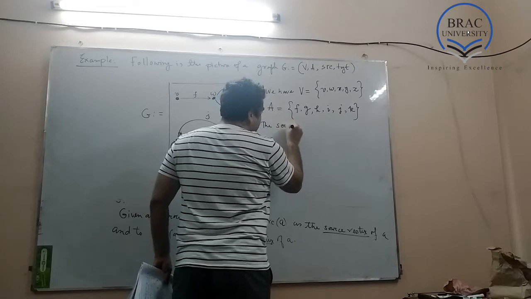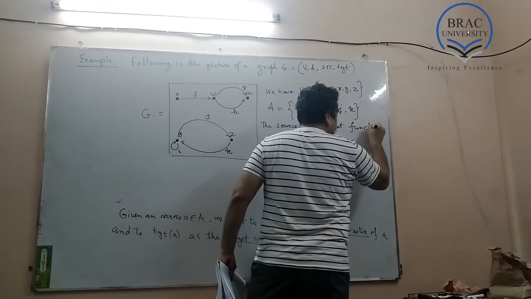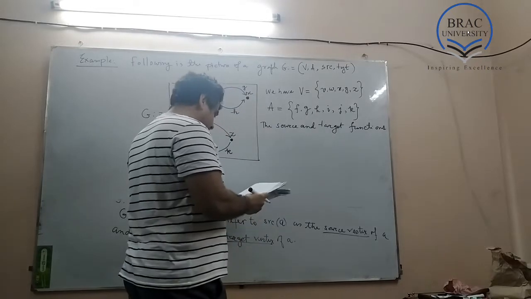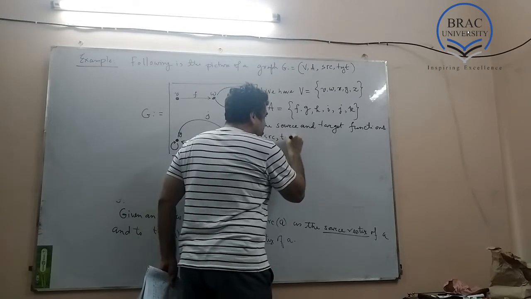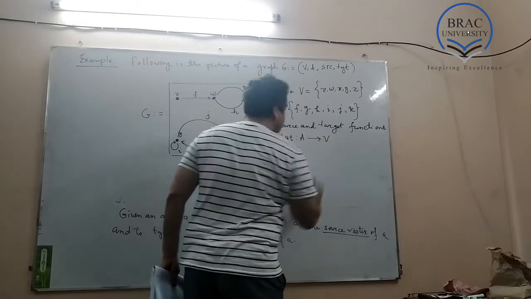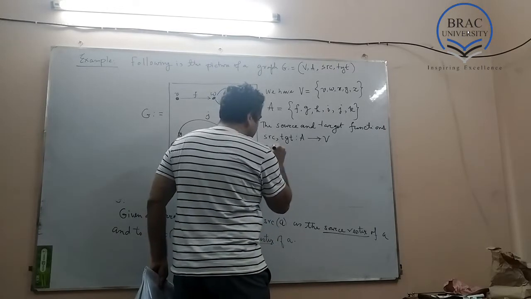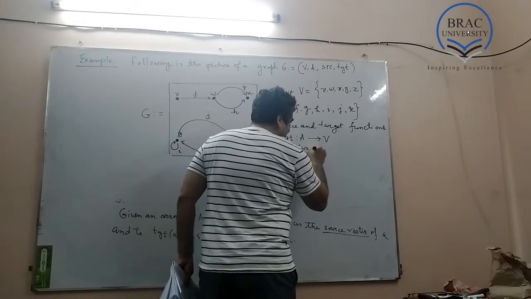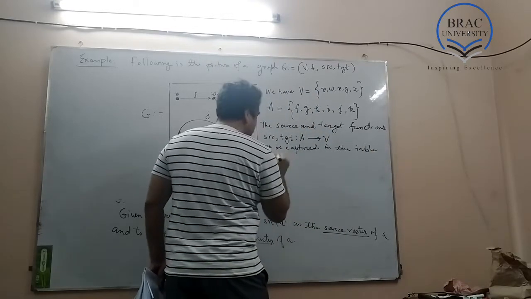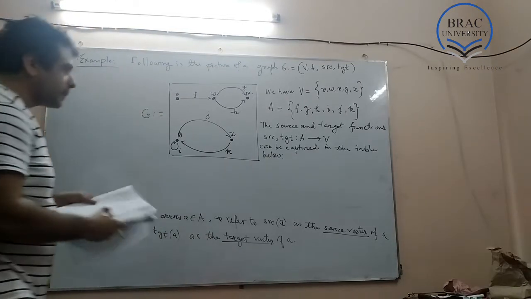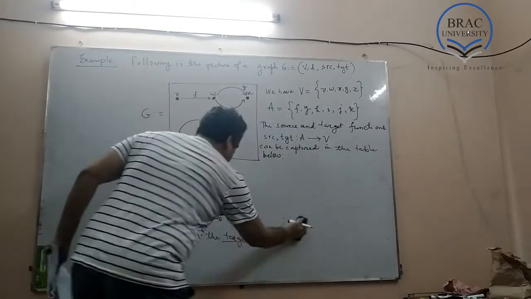For this example, the source and target functions SRC and TGT from A to V can be captured in the table below. So we construct a table below to see what these two functions are. Let me draw this table.